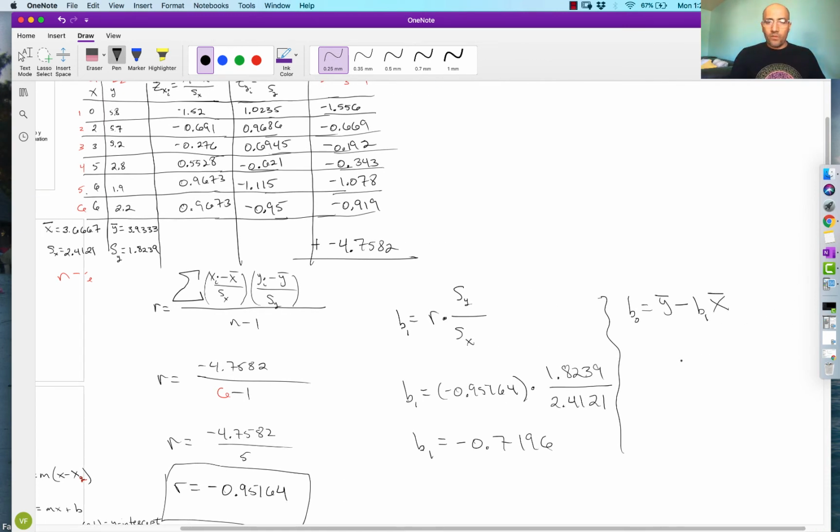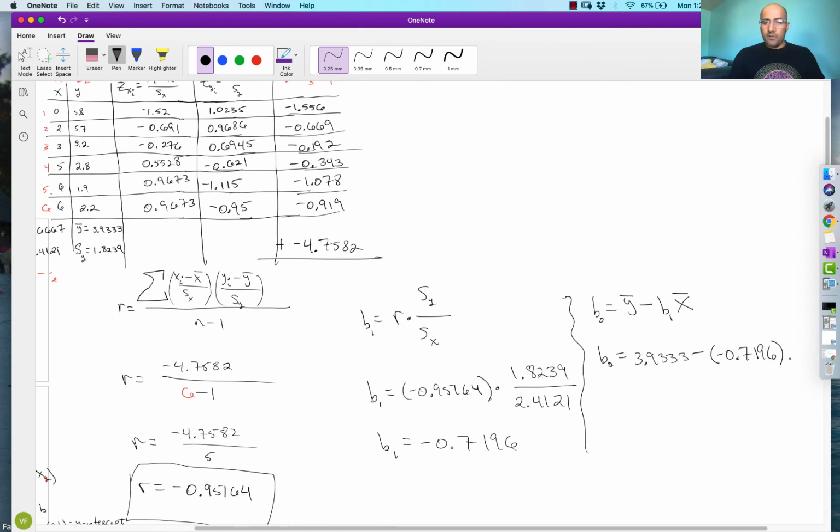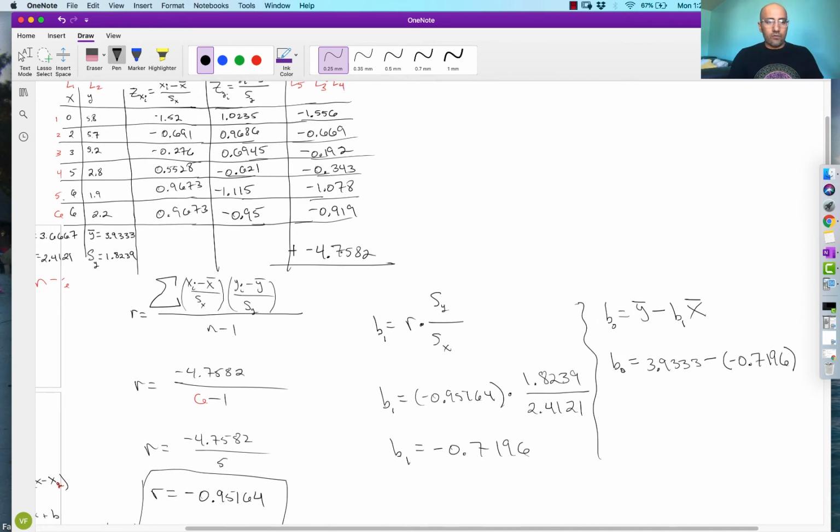Okay, so b naught is going to be equal to the mean of the y's, that was this value over here, that would be 3.9333 minus negative 0.7196 times the mean of the x's, which was right over here, 3.6667 was the mean of the x's.